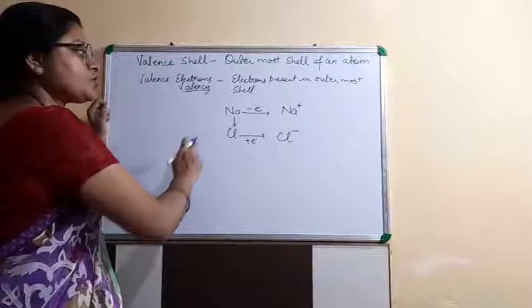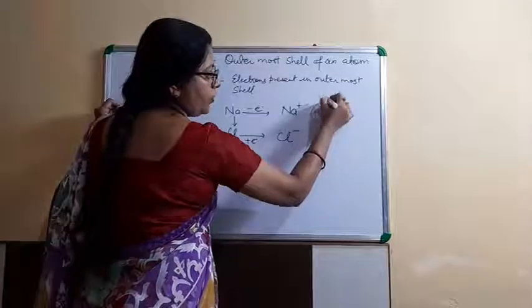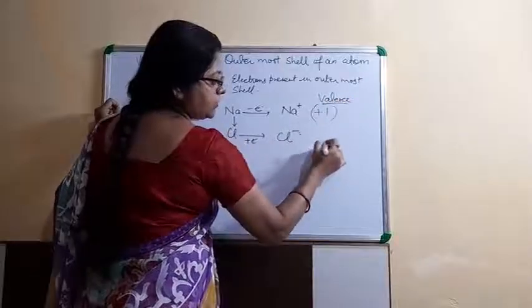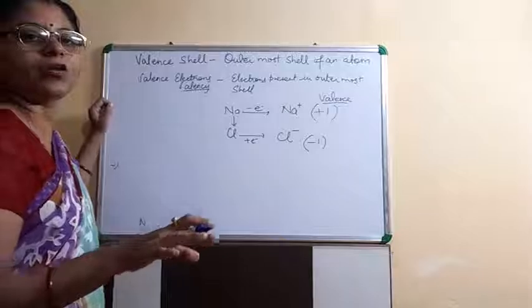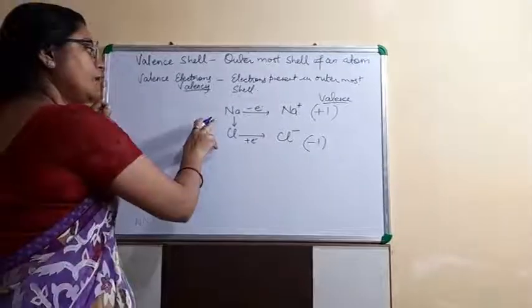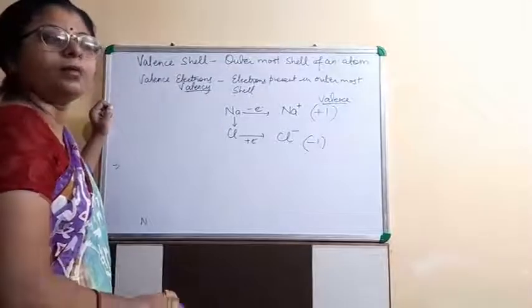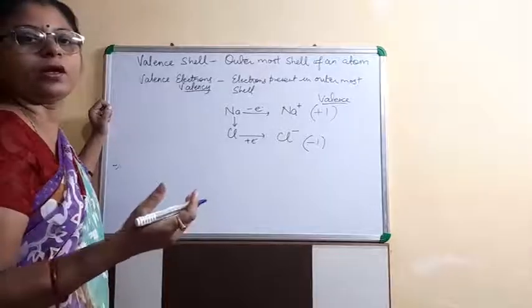So the valency of sodium is +1 and the valency of chlorine is -1. In general we do not give the sign, we say the valency of sodium is 1 and chlorine is also 1. Means the combining capacity of sodium and chlorine is 1.